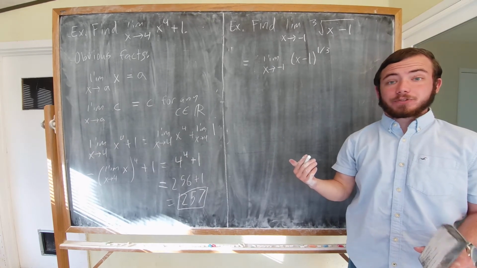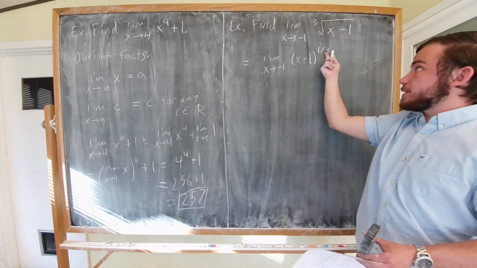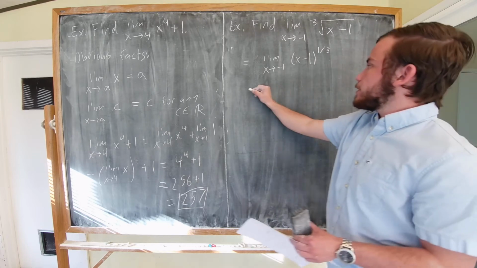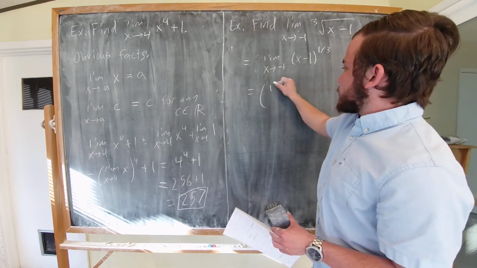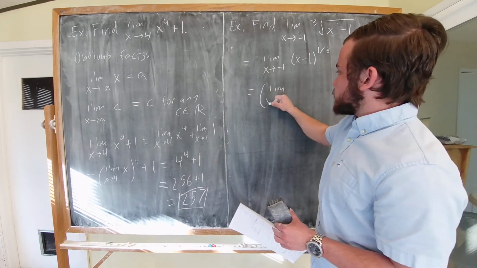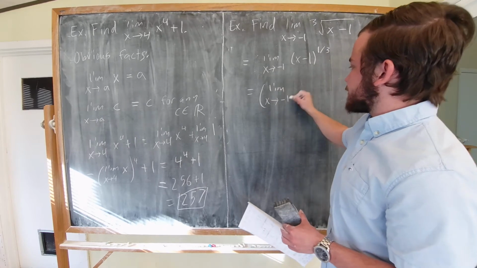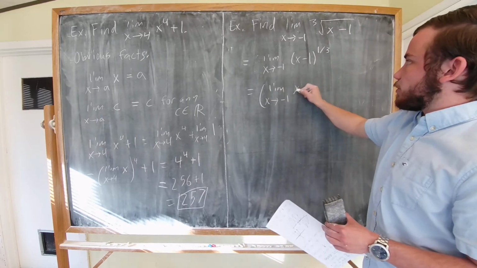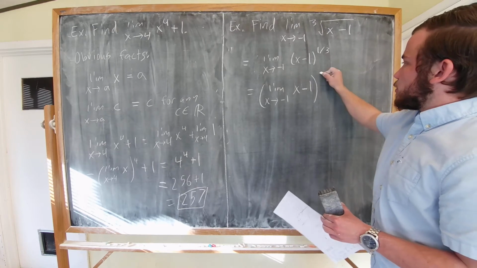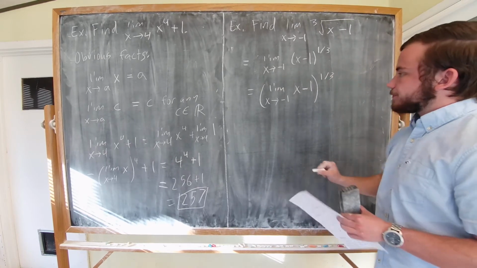Using standard rules for exponents, cube root is to the 1/3. Using our exponent rule for limits, we can pull that to the outside of the limit. Limit as x goes to -1 of x minus 1, all to the 1/3.